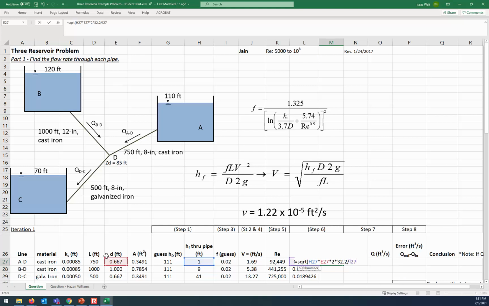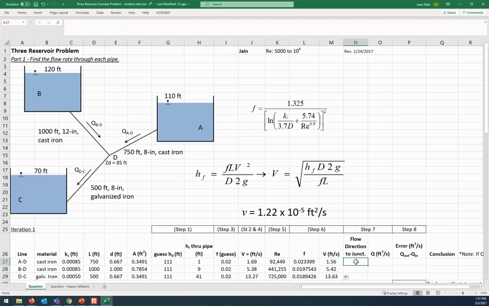I guess I should not center these formulas. It looks pretty in the end, but it gets in the way as we're typing. Divided by the length. So it did change that velocity a little bit because we now have a better guess of what the F value might be. I can apply that downward through the other two pipes.